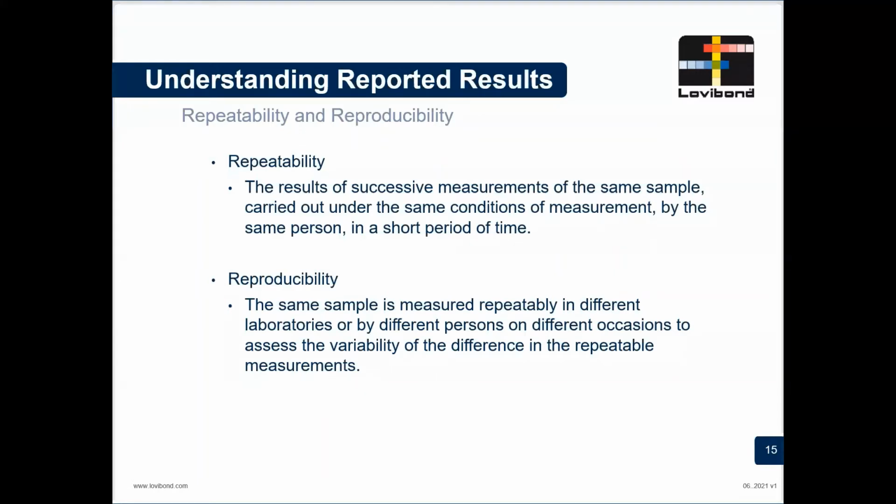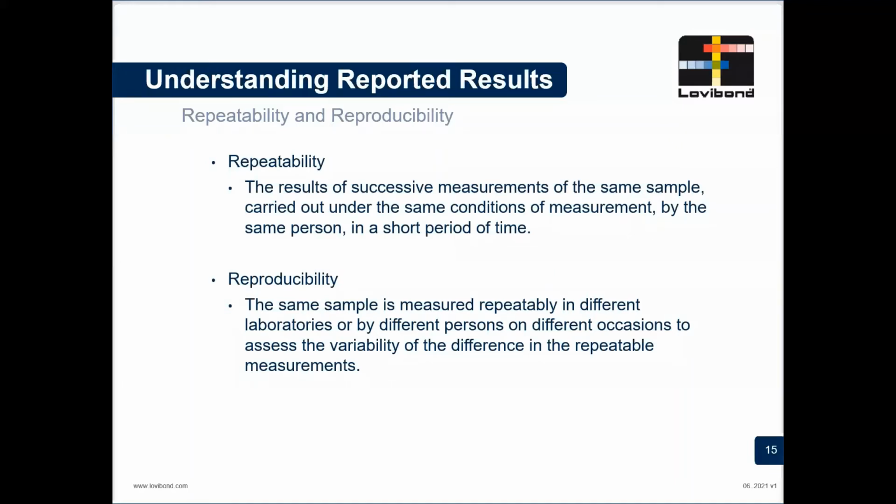Now, when I'm talking about repeatability, what I mean is a short-term repeatability. So it's a short-term measurement, I might make 10, 20 measurements on my sample. They're not going to come out exactly the same each time. I'm going to get a little bit of a range.